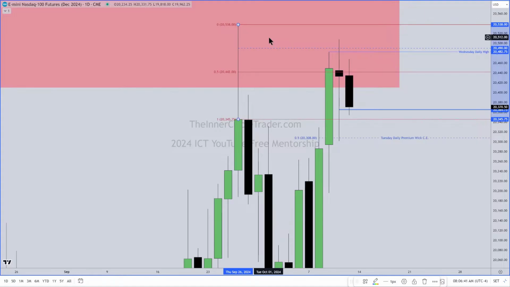I'm teaching you how to take the probabilities and then reduce them down to a larger degree of accuracy and remove the tendency to feel like you have to be right. Being right doesn't equate to being profitable. You can be wrong and be profitable. You can be wrong and still grow your account.